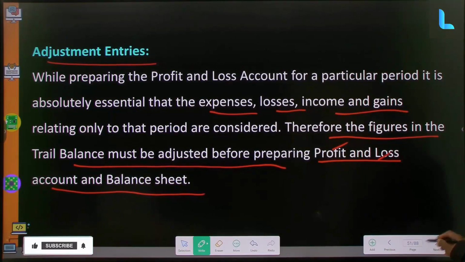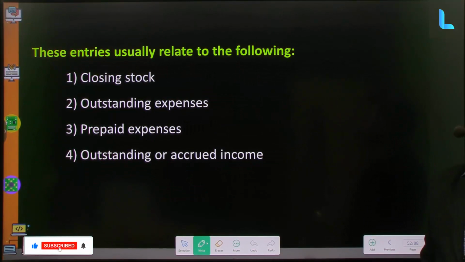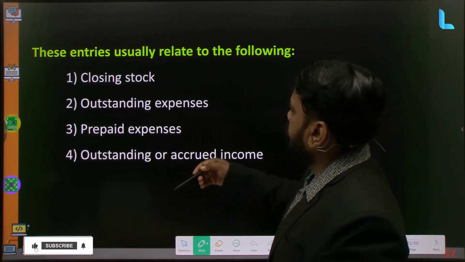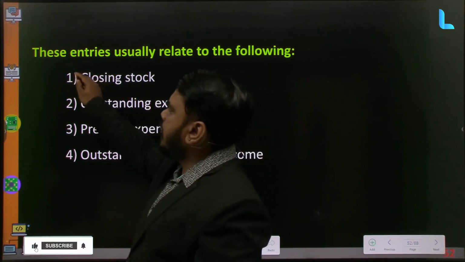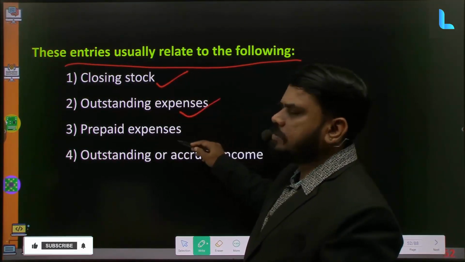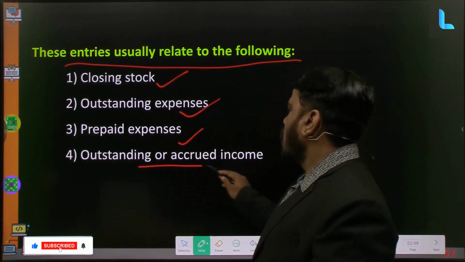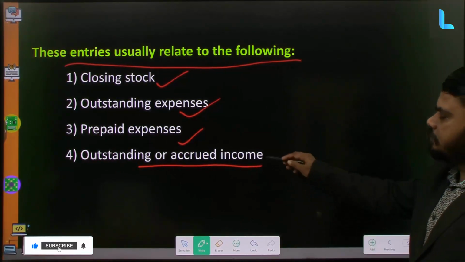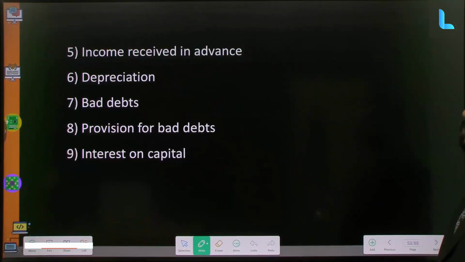So we have to check the entries we have passed and make the necessary adjustments so that we get the proper, correct trial balance, and out of the trial balance we can prepare the final statements of accounts, that is profit and loss account and the balance sheet. And these entries usually are related to the closing of stock, outstanding expenses, prepaid expenses, and outstanding or accrued incomes.